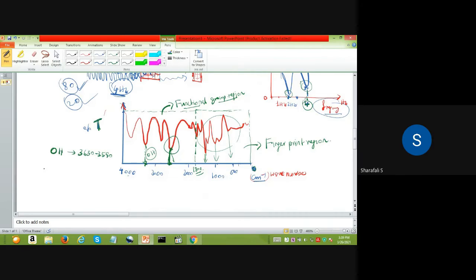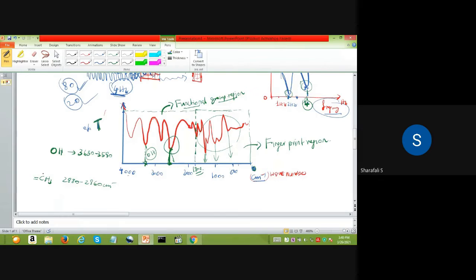And if you are having, for example, another group, let's say CH3 group, which is also present in your sample, for example, like double bond CH3, in this case we will be having 2880 to 2860 centimeter inverse.